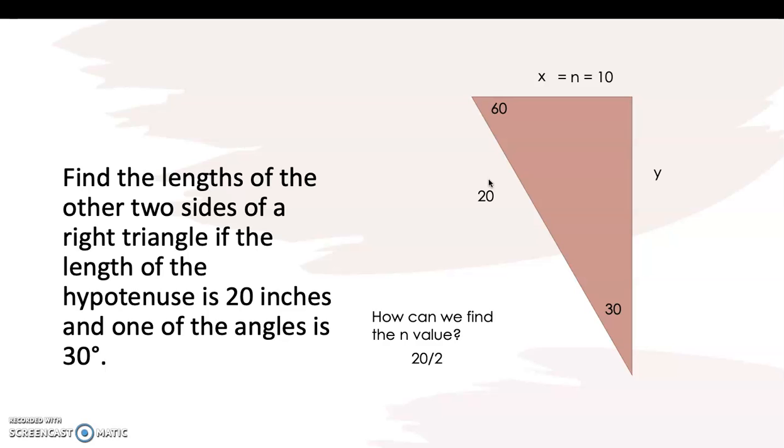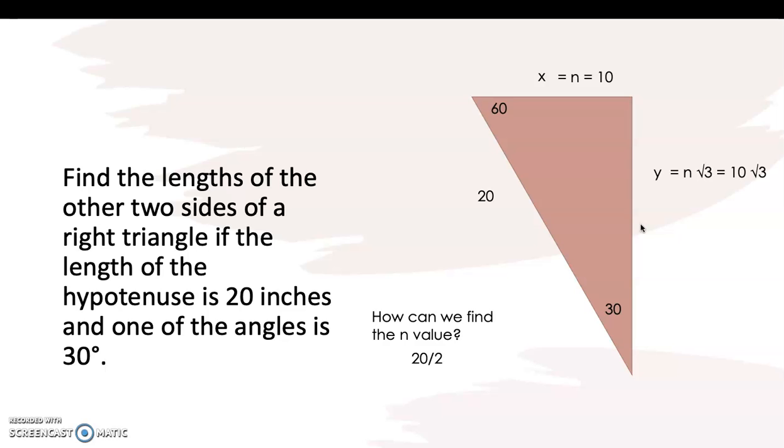If we look back at our ratios, we remember that the base across from 30 is the n value. Okay, that was pretty easy. What about our y side? If n equals 10, and we know that the side across from 60 is n times the square root of 3, our y side is just going to be 10 times the square root of 3.